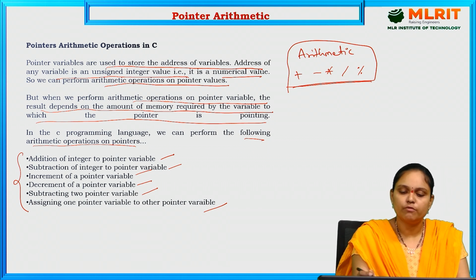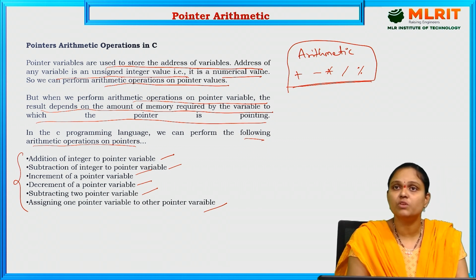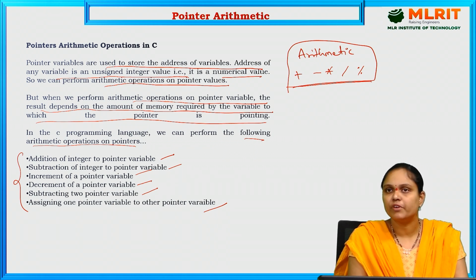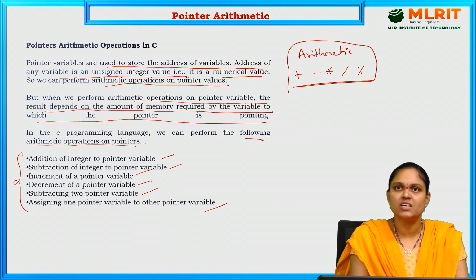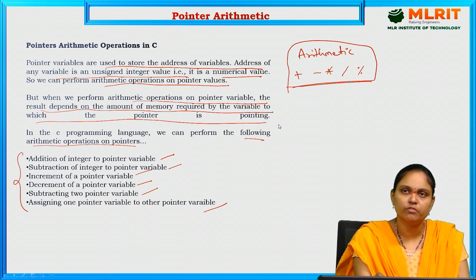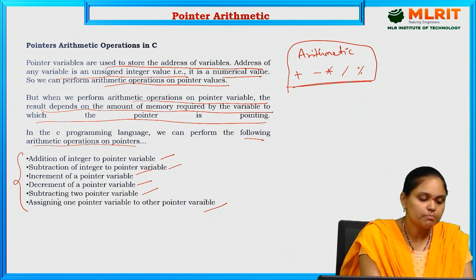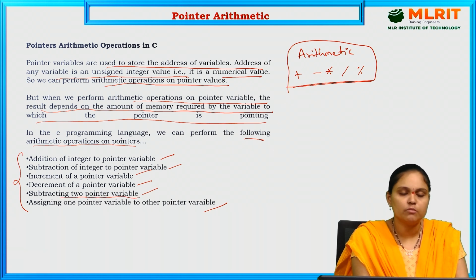We cannot add two addresses, we cannot multiply two addresses, we cannot divide two addresses, and we cannot find the remainder. We cannot perform the modulus operation. The only operation between two pointers that we can perform is subtracting two pointer variables, so two addresses we can subtract.